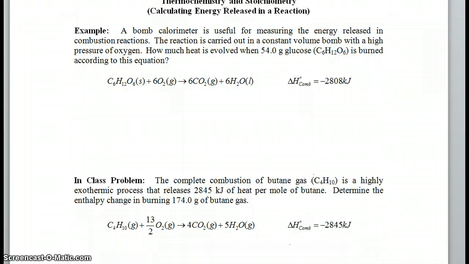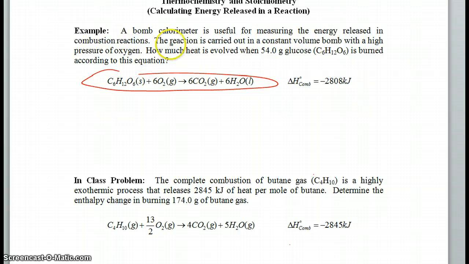Okay, so let's look very briefly at how stoichiometry relates to this chapter. So you have a particular reaction balanced for you, and the question is, how much heat is evolved when 54 grams of glucose is burned? So again, you have some laid out here for you. So this is one whole glucose. Okay, you have negative 2,808 kilojoules that are evolved.